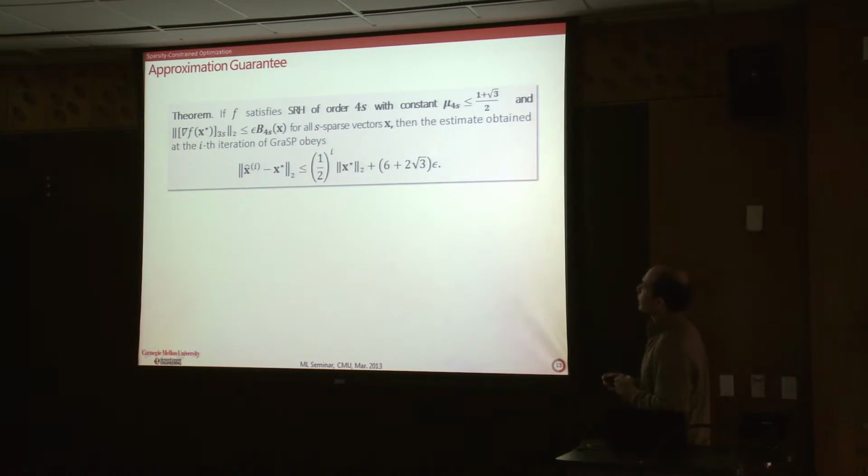So now we can express the approximation guarantees for the GRASP algorithm. If we assume that the objective function satisfies the SRH of order 4s with the SRH constant mu 4s being less than or equal to this fraction, and we also have some positive epsilon such that for any lower bound of the SRH, E4s, we have this inequality, then the ith iterate of the GRASP algorithm satisfies this inequality.